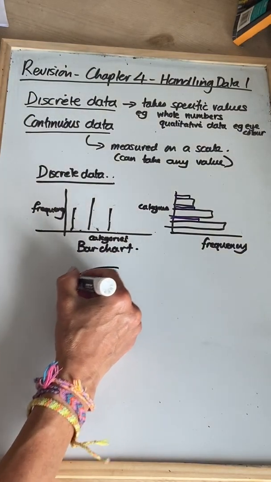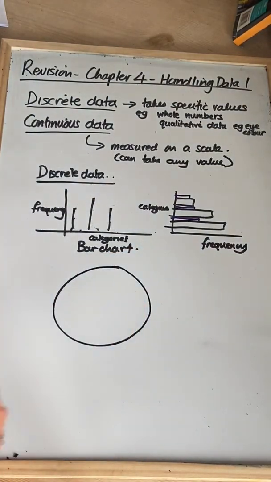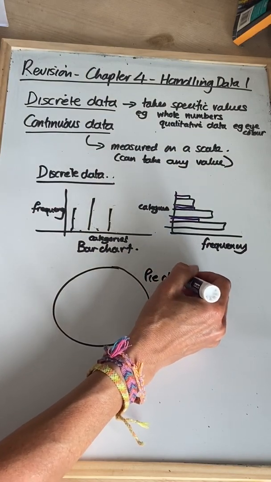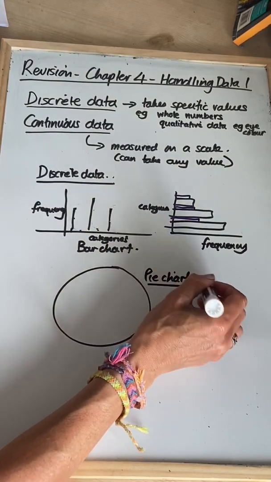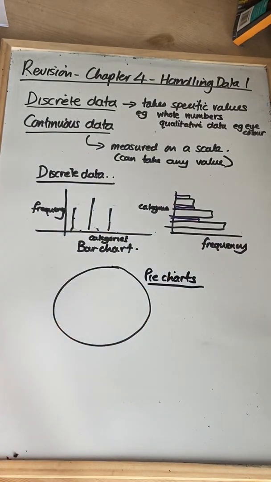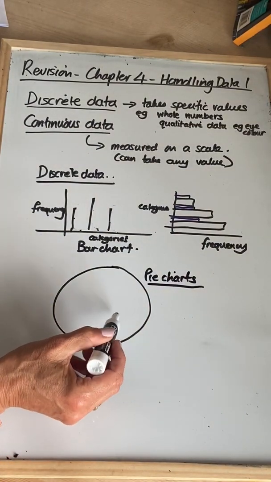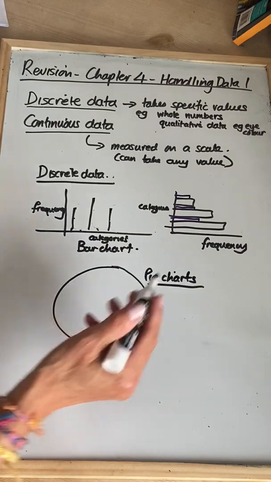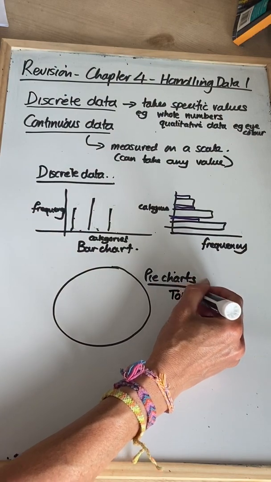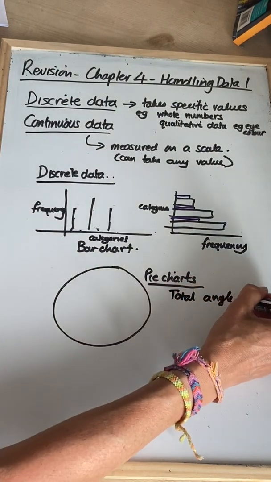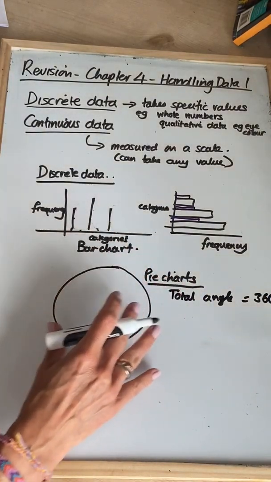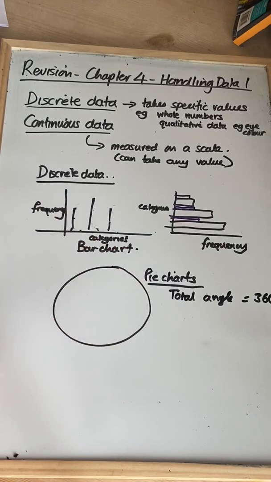Another way of presenting data that can be discrete data, if you're looking at the numbers of things, is a pie chart. The thing with pie charts is that you just have to remember what we've looked at in chapter 3, about the total angle within a pie chart. The total angle within this circle is 360 degrees. So what you can do with your data is say, how much data have you got altogether?